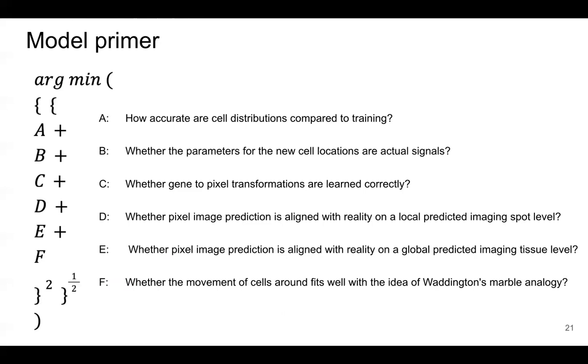And the last one I find interesting is how well the movement of cells that are updated iteratively fits the idea of Waddington's marble analogy, where Waddington's marble analogy depicts the cells moving around on a differentiation landscape, where at the top of this surface, like a slide, we have the stem cell sliding down into different routes that lead to more differentiated and mature cell types.